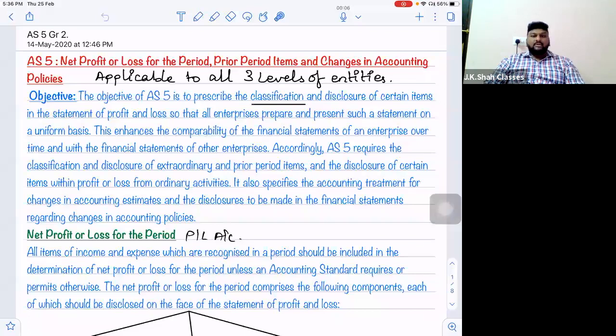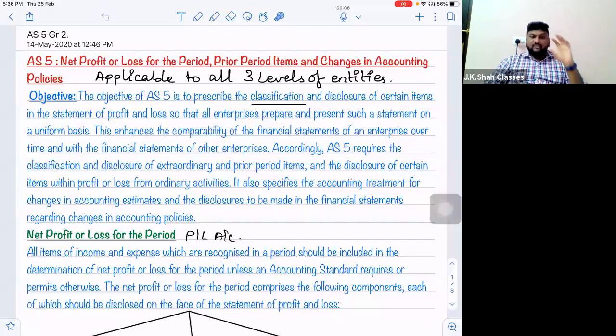Now, when I talk about net profit or loss for the period, or when I talk about your profit and loss account, in your profit and loss account you find the net profit or loss for a particular period of time. And generally, in India, we make a profit and loss account for a period of 12 months. How many months? 12 months.